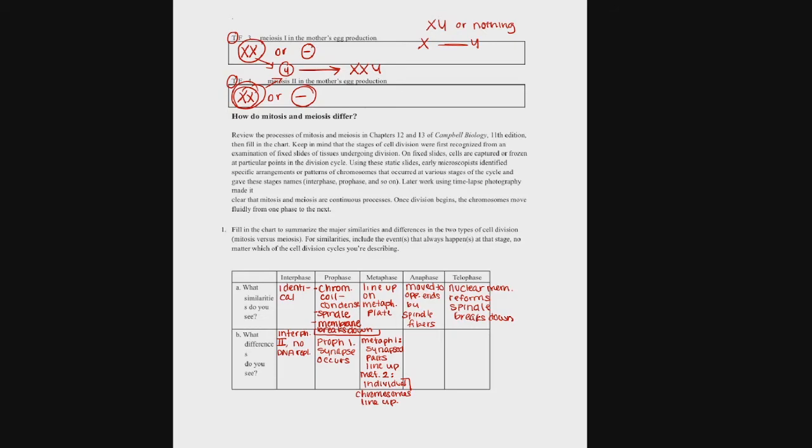So homologous, if this is one chromosome from the same pair, these two are the ones that are going to separate from each other.